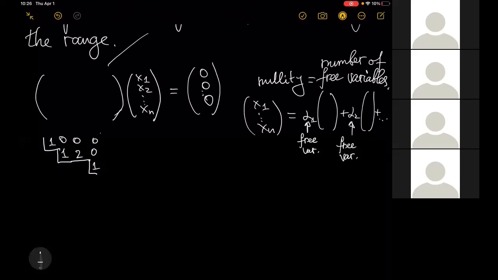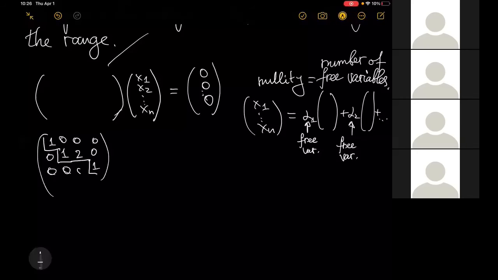So if I bring it to the reduced row echelon form, I will have it like that, right?